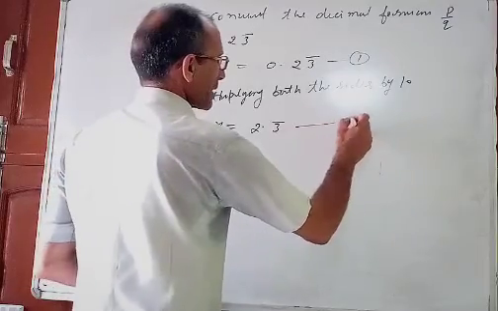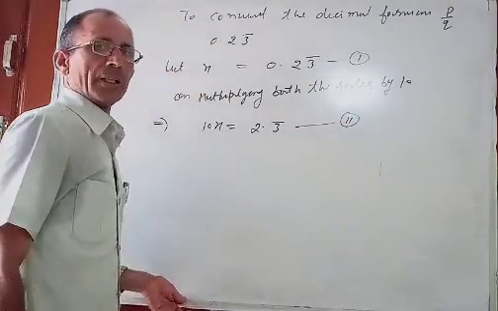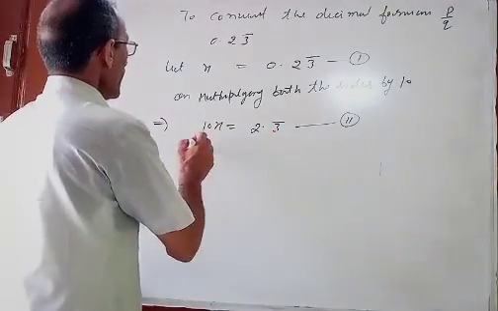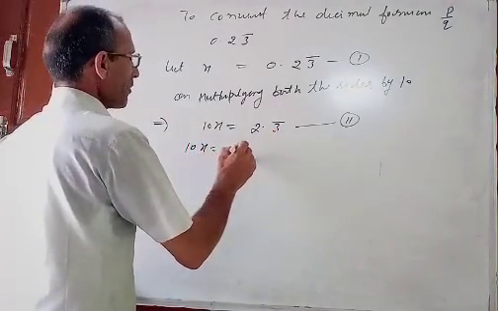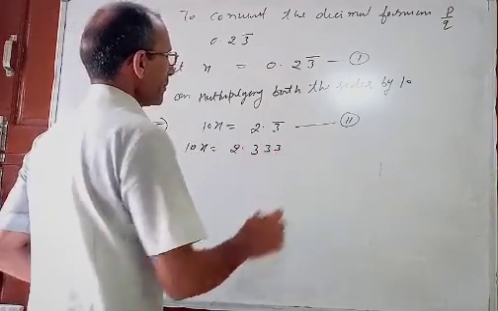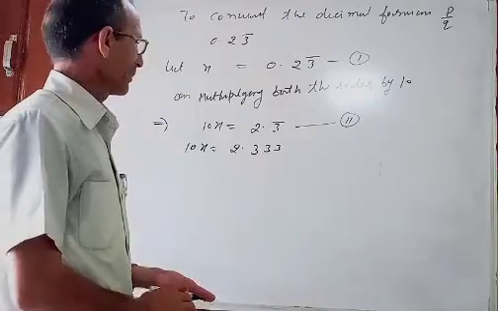So this is equation number 2. Now we have to shift this 3 also this side. So 10x is equal to 2.3 bar, means write 3 three times. Any doubt, any confusion?